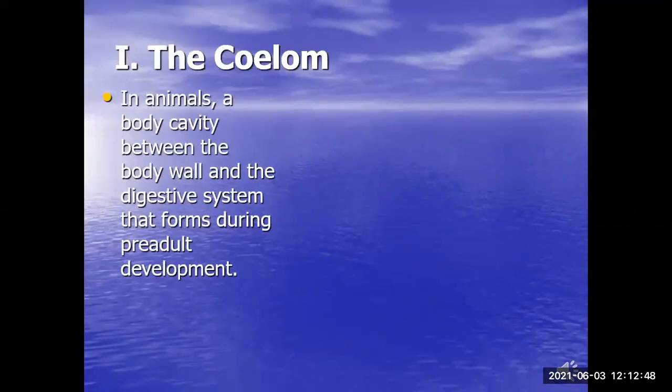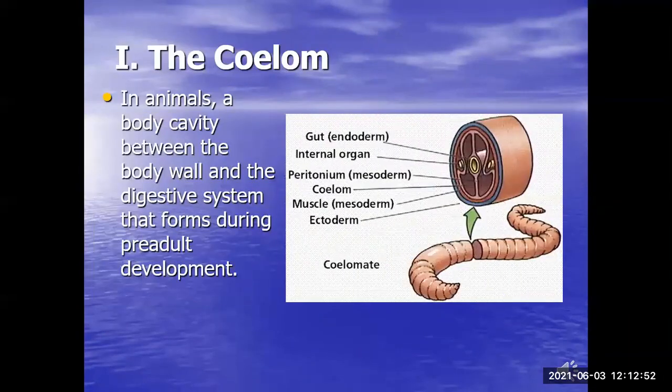The gut is the digestive system and the body wall. That's the body wall right there, right on the outside. So in this picture, the brown area is the coelom. That's a fluid-filled sac where we're going to stick the organs. Your lungs go there, your heart goes there, your pancreas goes there. These organs go in this fluid-filled sac called the coelom.